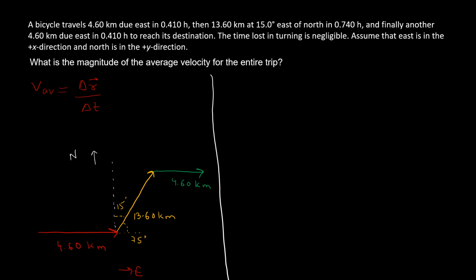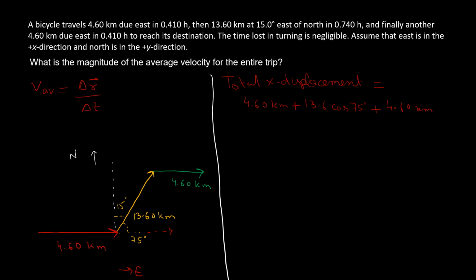Our total x displacement is going to be 4.60 kilometers plus 13.6 cosine of 75°, the x component of the second displacement, plus again the third, 4.60 kilometers.